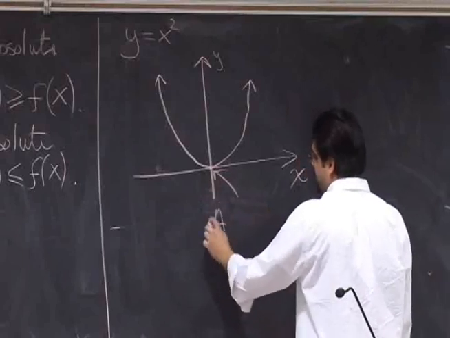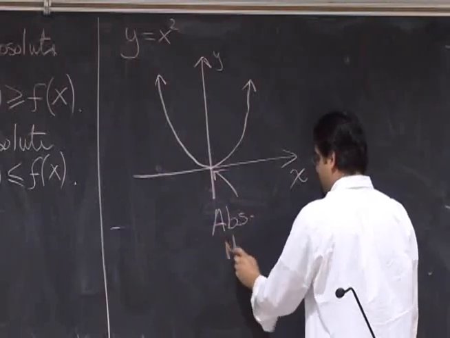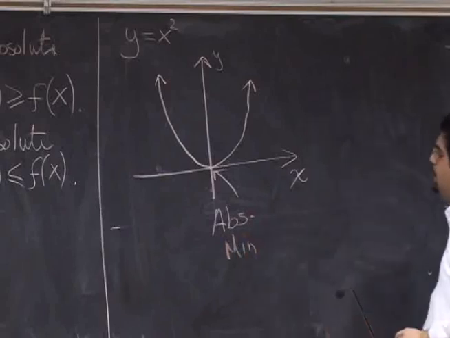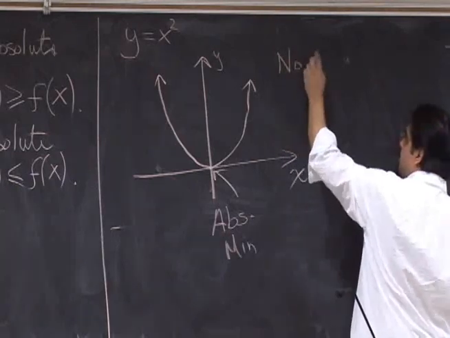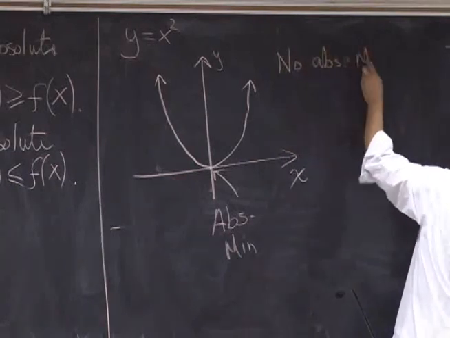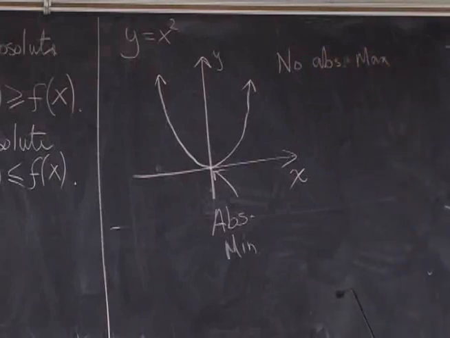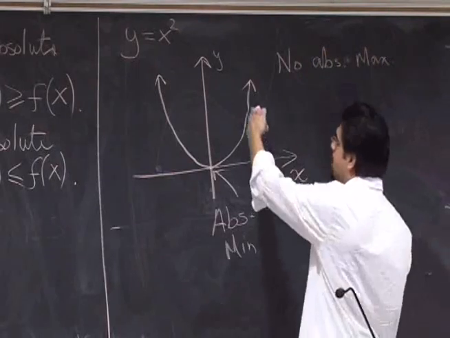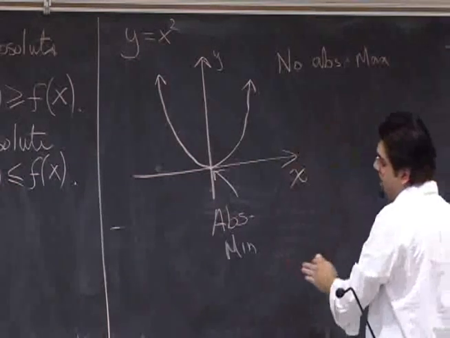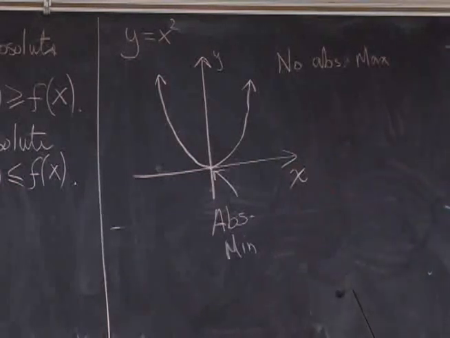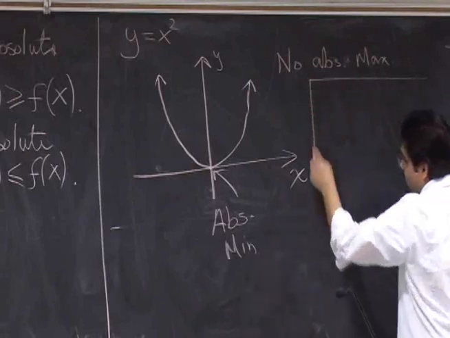Okay, so that's the absolute minimum. Okay, and what is the absolute maximum? There is no absolute maximum. Okay? Because any value you pick, you can always get a larger value because the graph goes up to infinity in both directions. So we don't always have an absolute max and an absolute min. As a matter of fact, we could draw another picture over here.